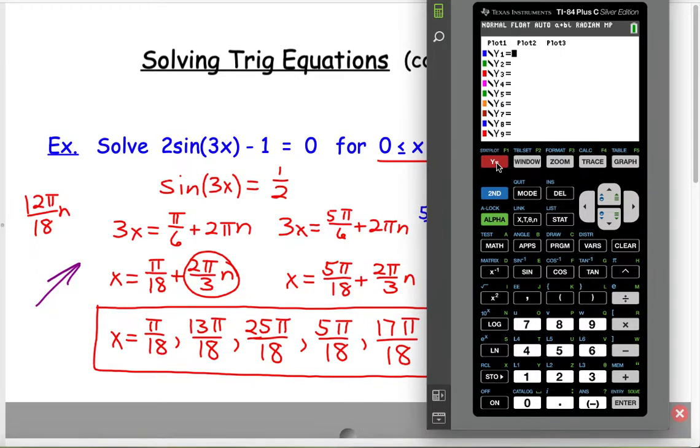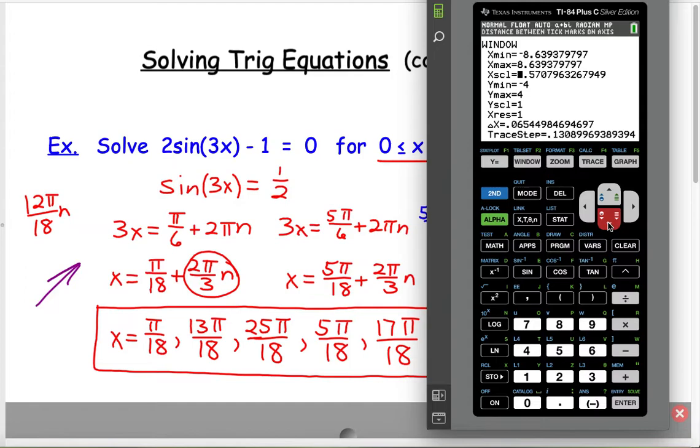So if I graph sine of 3x, and let's zoom trig. Let me change my window a little bit here. Let's go, how about negative 0.1 and max 2 pi.